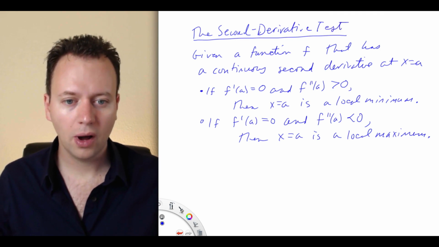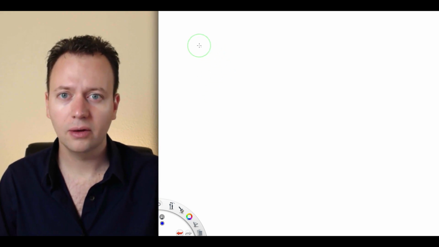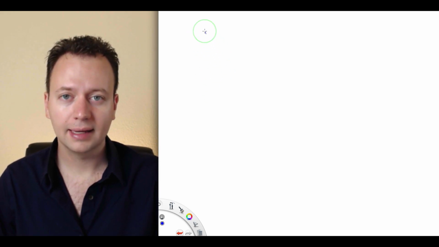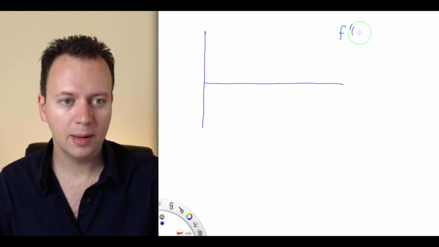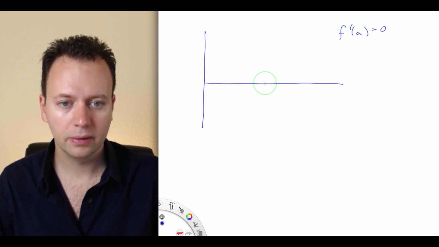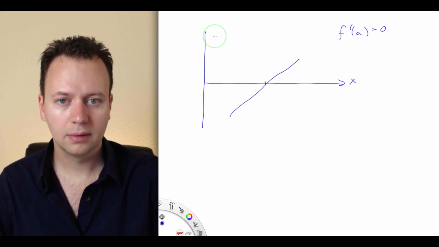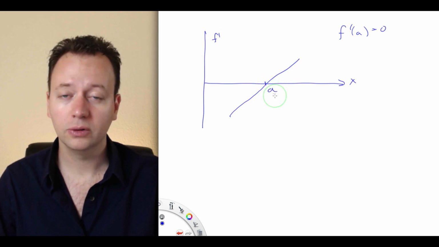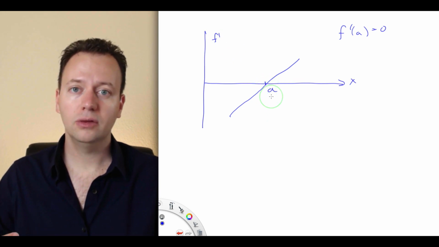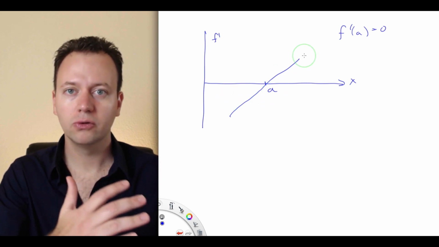Let's see why this is true. In general, a critical point is a candidate when f prime of a is equal to 0. Here's a graph of f prime. f prime of a equal to 0 indicates that the derivative might be passing through 0.